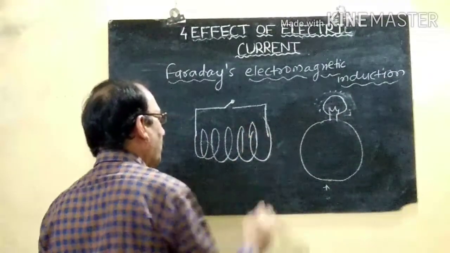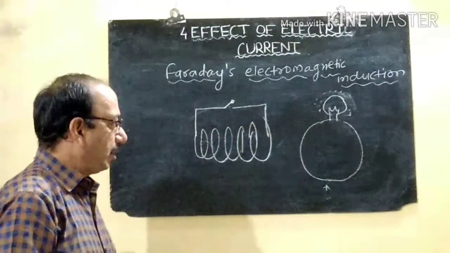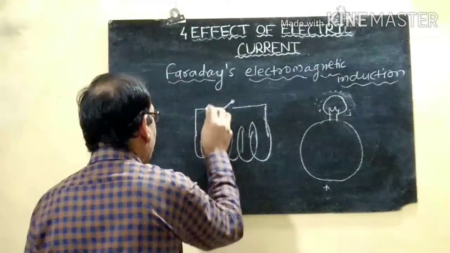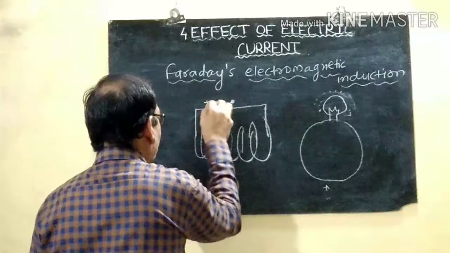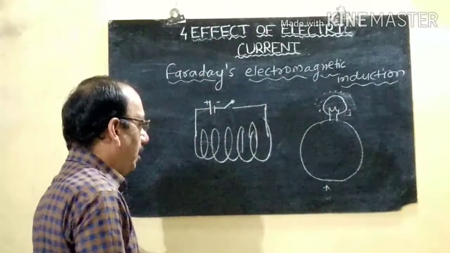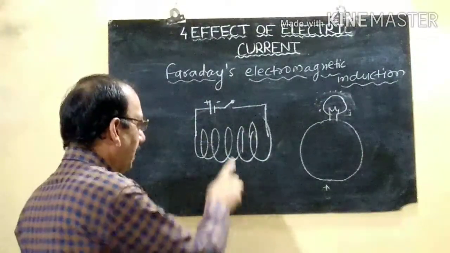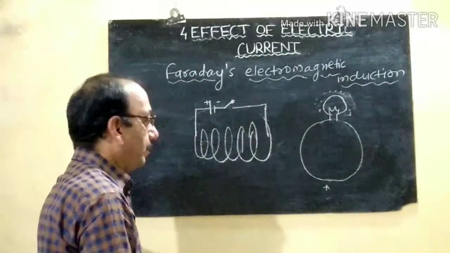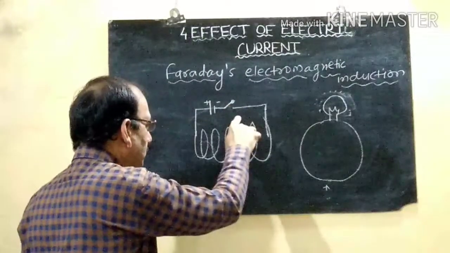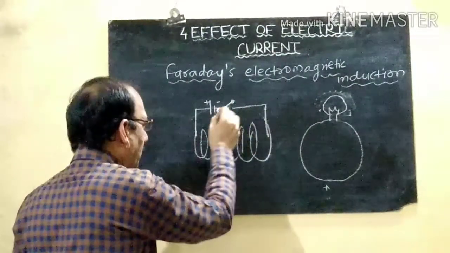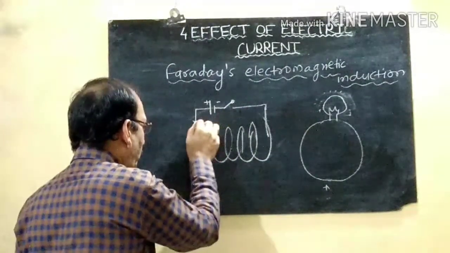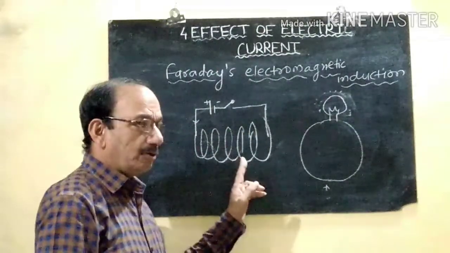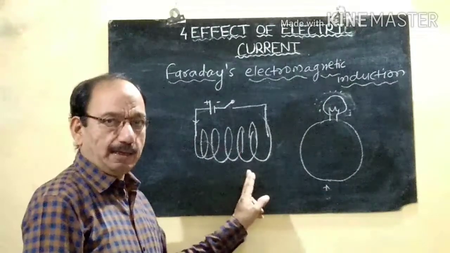You also learned about the properties of a solenoid coil in previous videos. When the tap key is open, current is not passing through the solenoid coil. When we close this tap key, electric current starts to flow through this solenoid coil, and this solenoid coil works as a bar magnet.